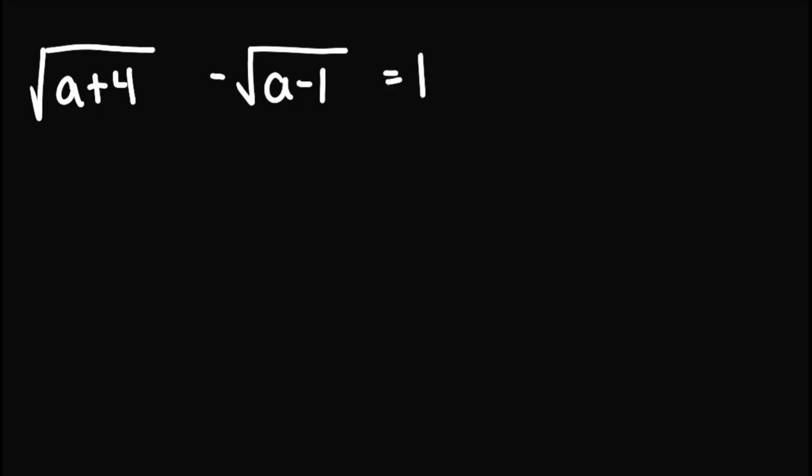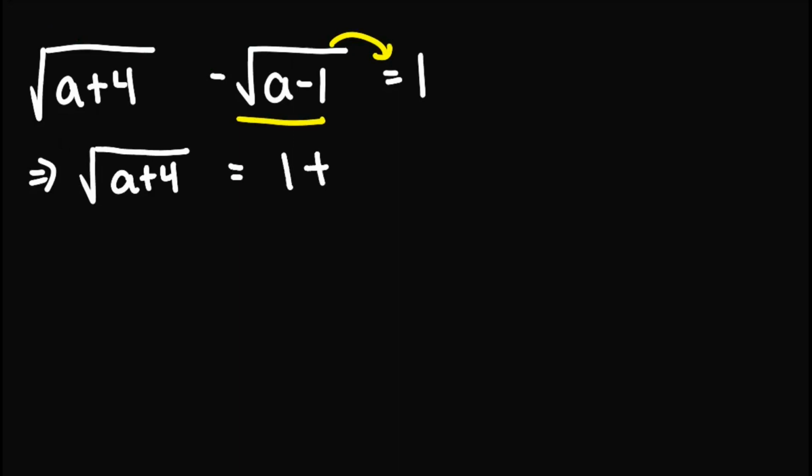In this one, we have 2 radicals. So again, the key when we have 2 radicals is to isolate 1 first. So we move this 1 to the right side to obtain the square root of a plus 4 is equal to 1 plus the square root of a minus 1.